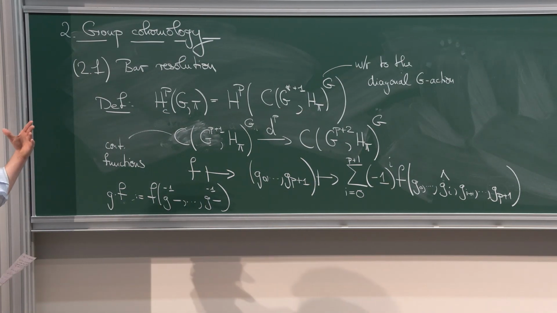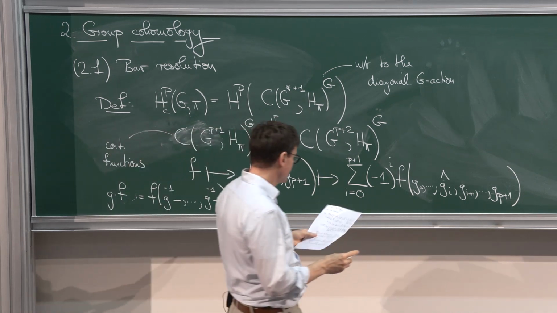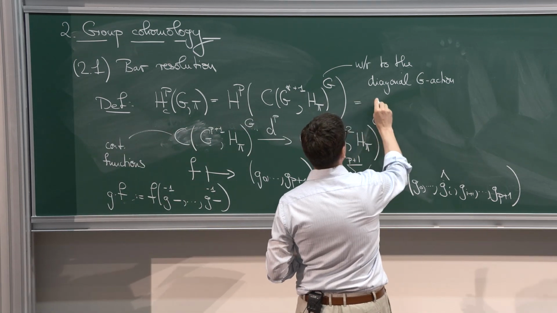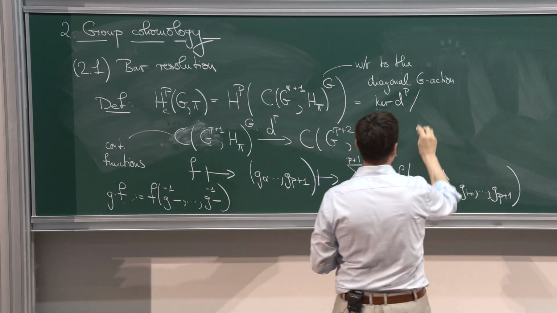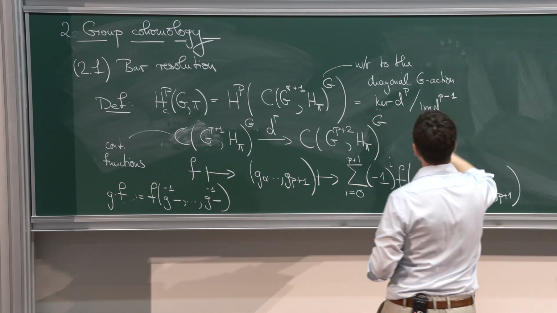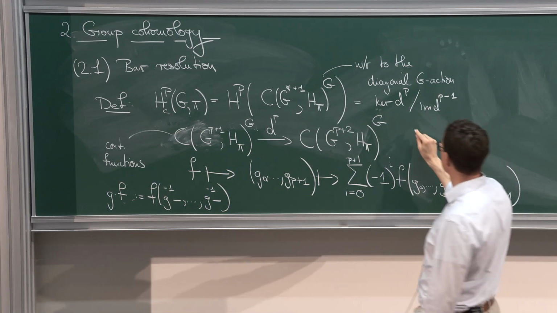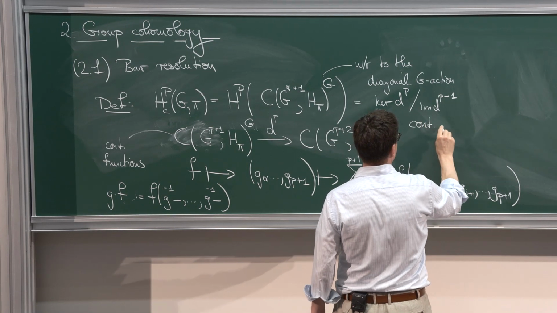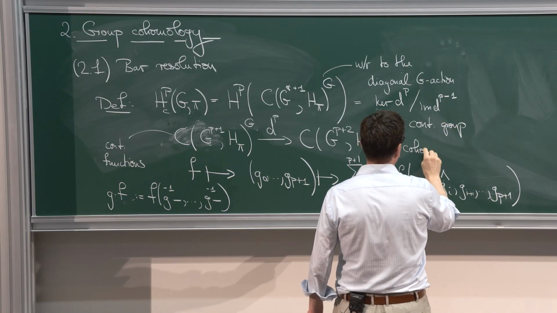And this is then a complex, and you can take the cohomology of this complex, which is the kernel divided by the image of the differential of the preceding one. And this is continuous cohomology with coefficients in pi.